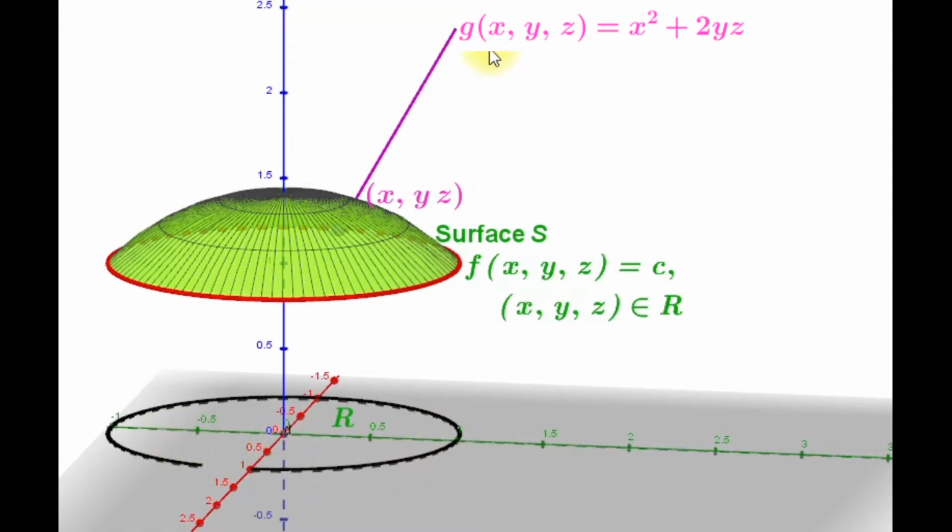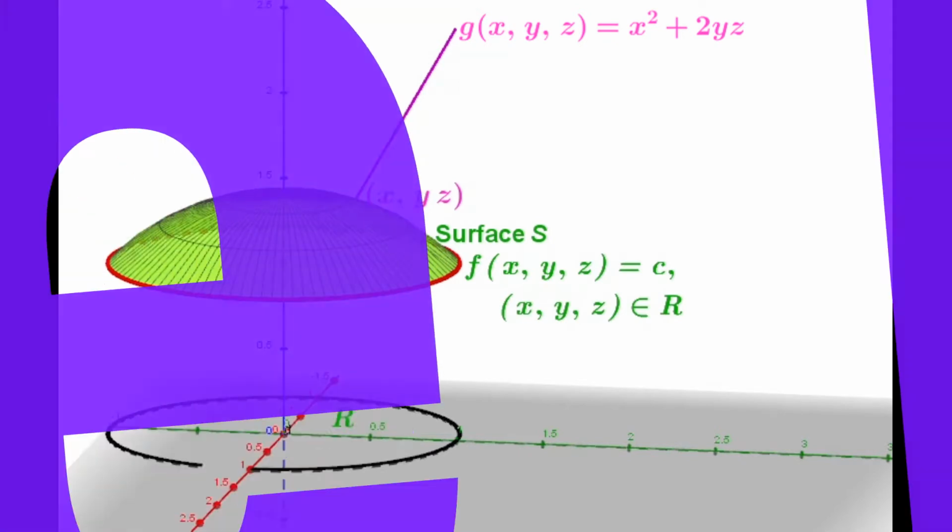Suppose a function of three variables g of xyz is defined at each point on the surface. Also assume that g is a continuous function defined on the surface S. Then we can define the integral of the function g over the surface S, and that integral is called the surface integral.